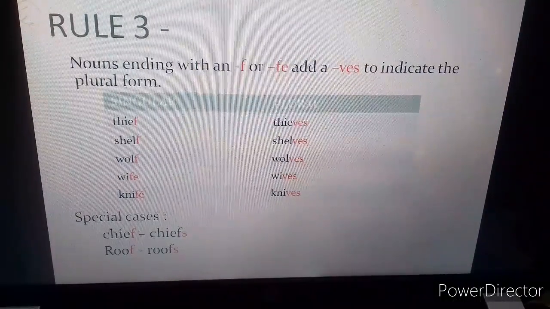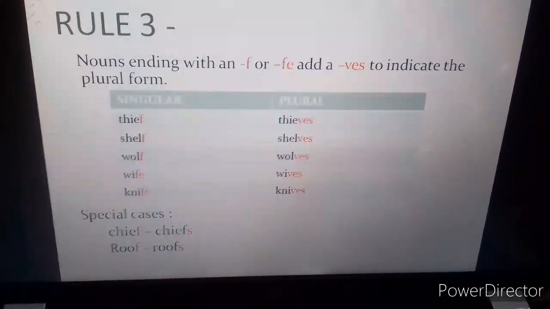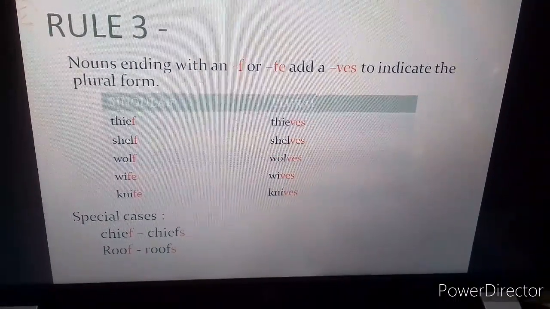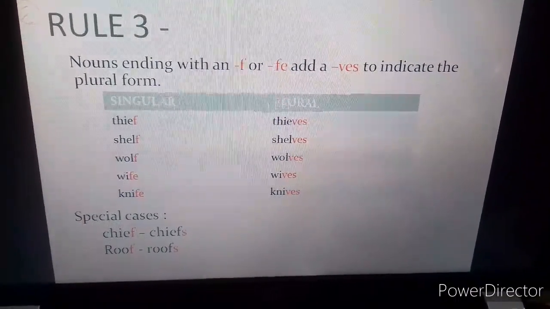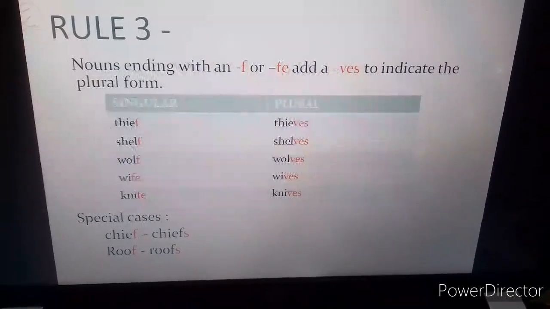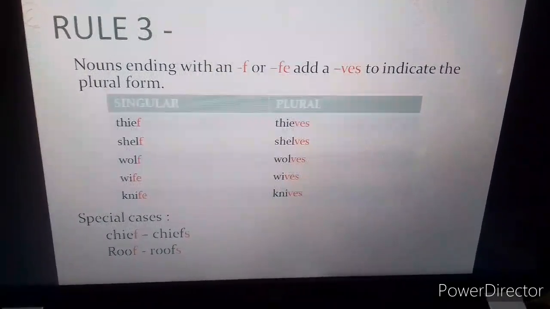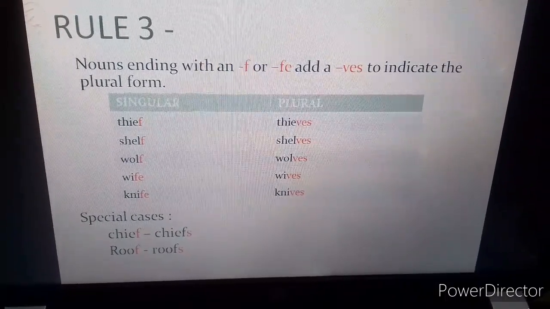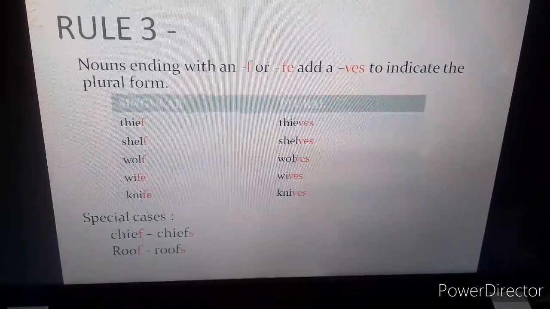For example, thief. Now thief ends with f, so it can be made into its plural form by adding ves. So the plural of thief is thieves, shelf, shelves, wolf, wolves, wife, wives, knife, knives.